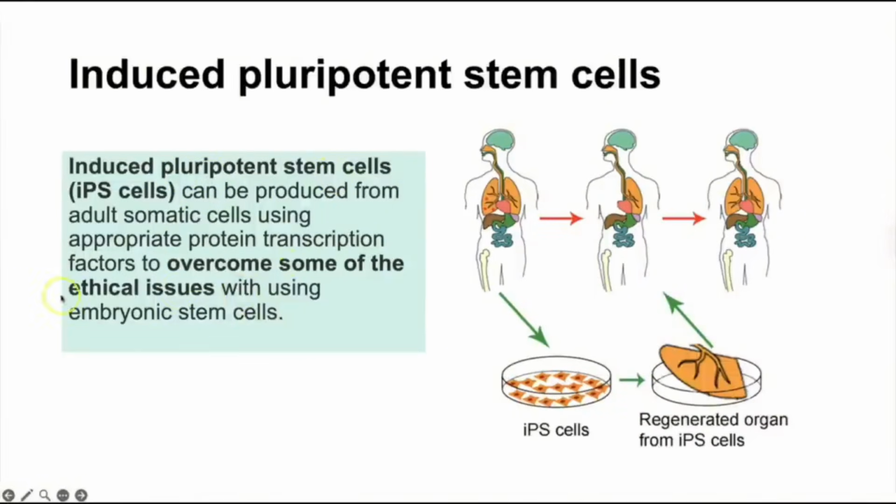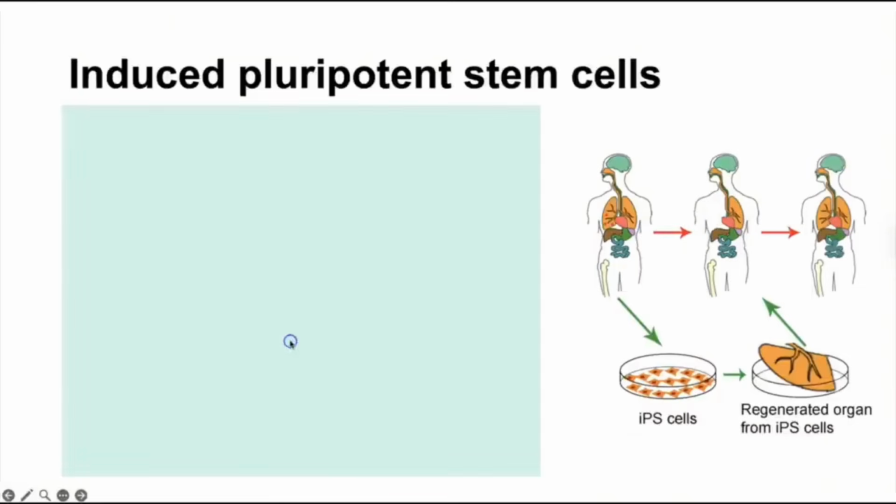And this overcomes some of the ethical issues because you're not creating a clone embryo, doing therapeutic cloning, and you're then not destroying embryos. You're getting permission from an adult, taking some of their body cells and reverting them back into a pluripotent state.